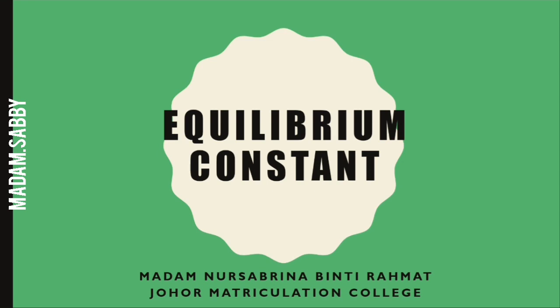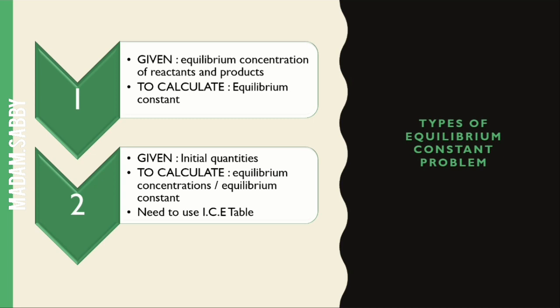By the end of this lesson, you're going to be able to solve two types of equilibrium constant problem: first, calculating the value of your equilibrium constant, or secondly, using a special table known as an ICE table to solve for any other quantities that you need to calculate throughout the problem.